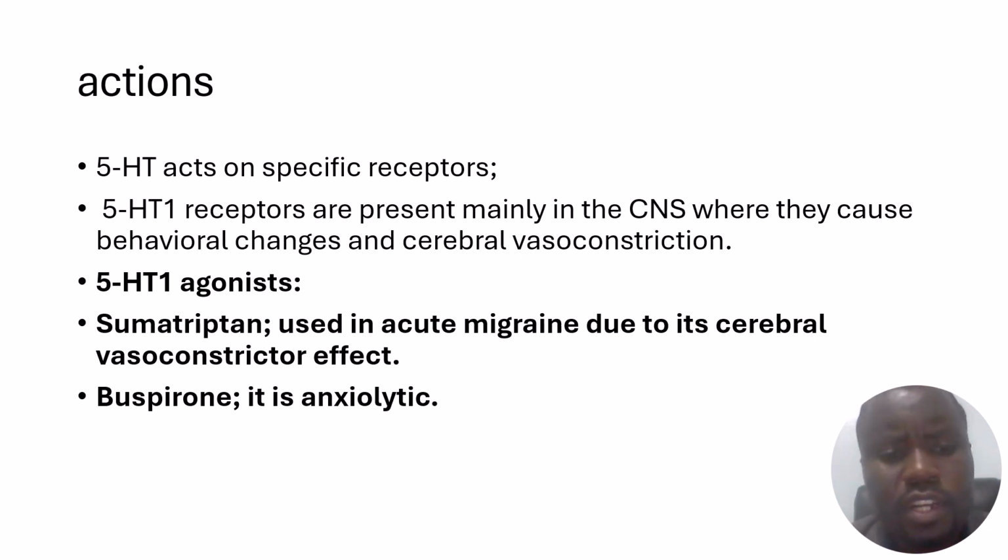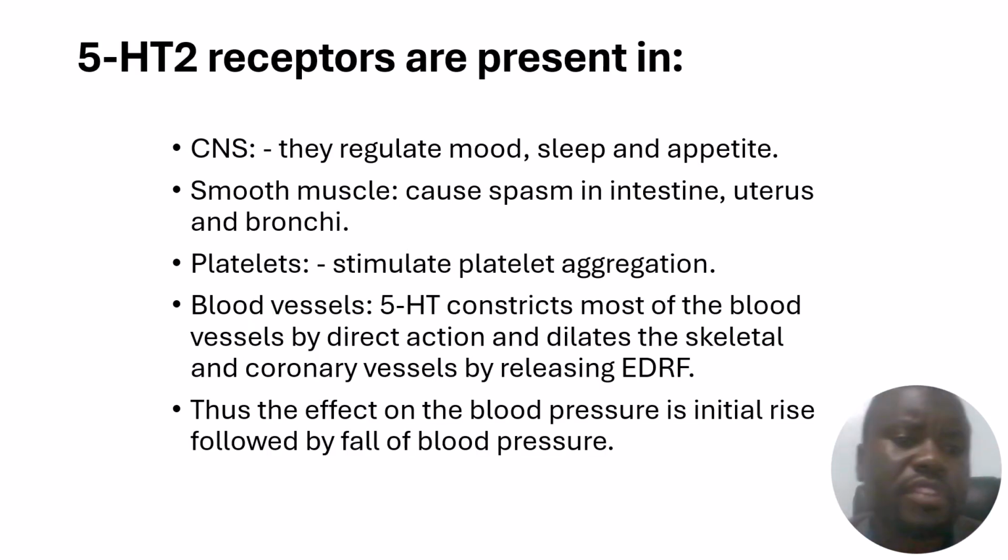Buspirone also influences anxiety or relieves anxiety in those that have anxiety. So 5-hydroxytryptamine type 1 receptor agonists are very important in anxiety management and in acute management of migraines.